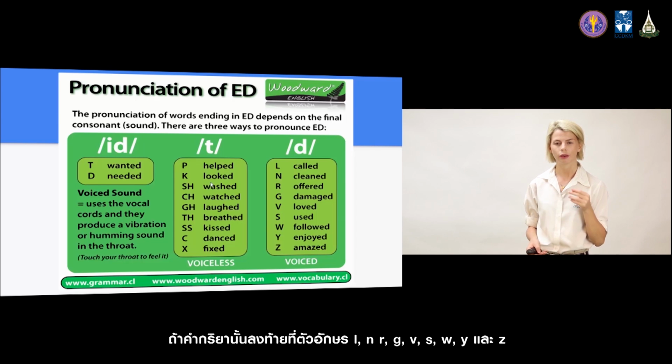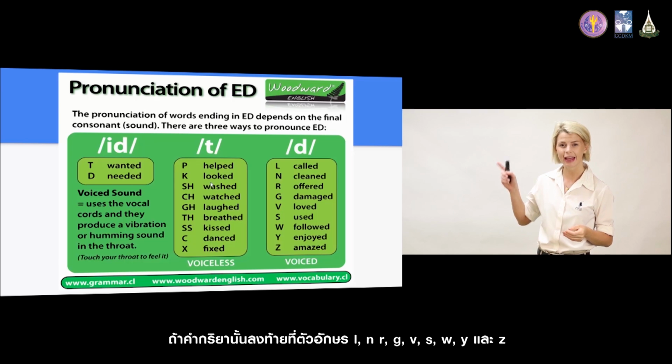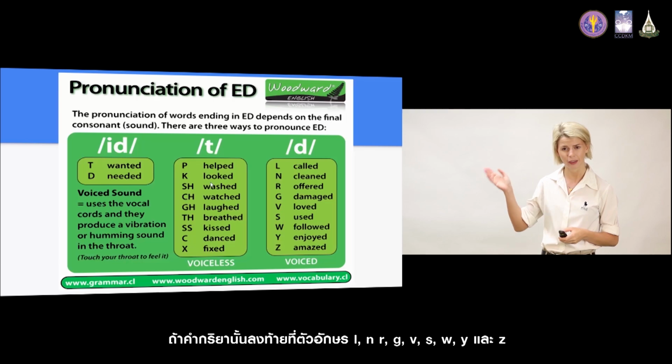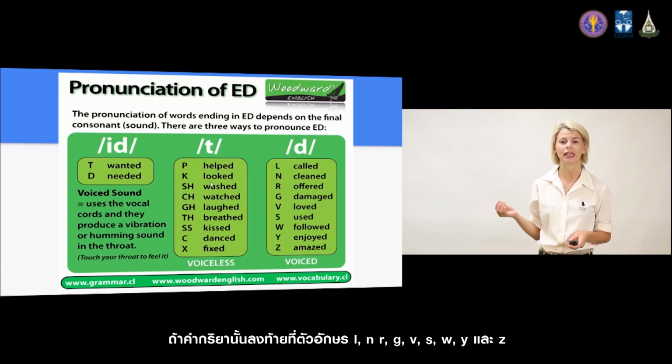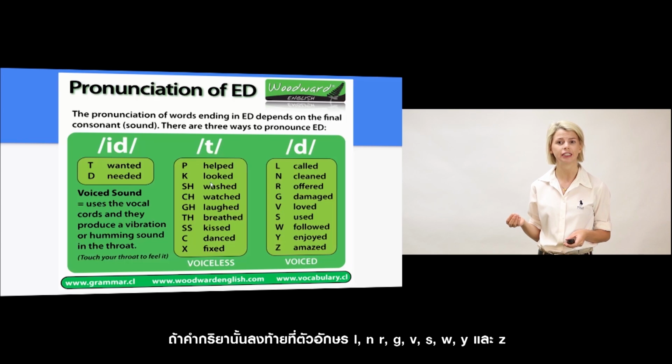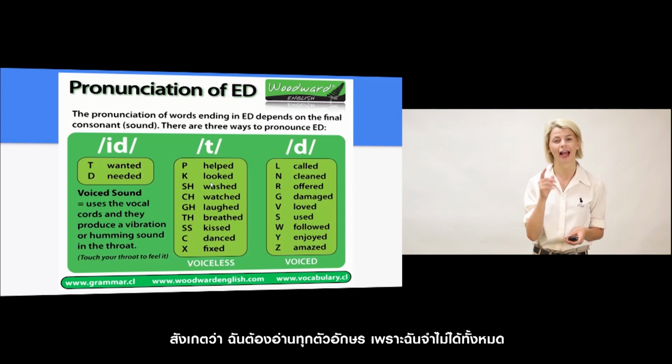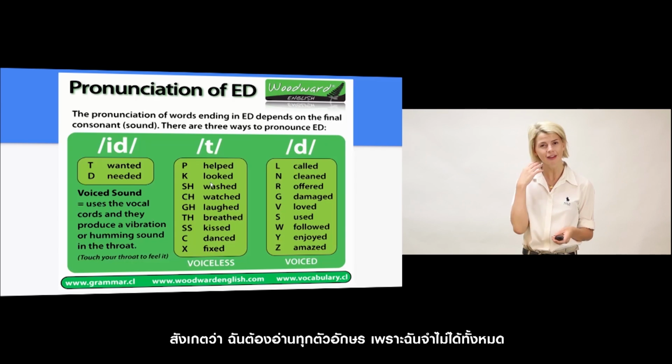If the verb ends in any of these letters or sounds, we have a full list: L, N, R, G, V, S, W, Y, and Z. Notice I had to read those letters because I do not know them myself.